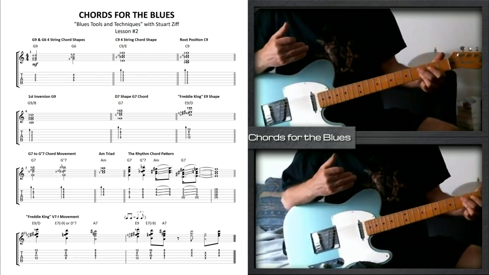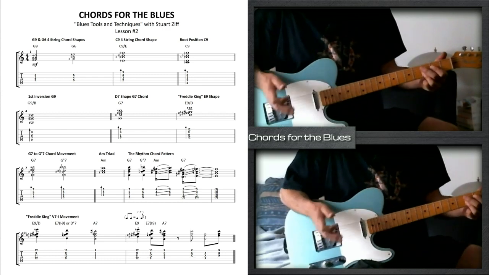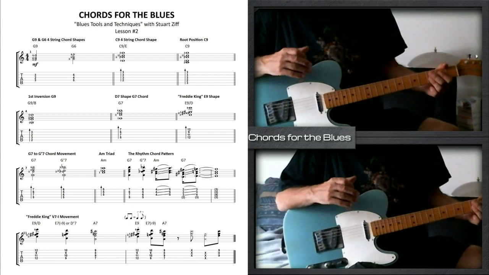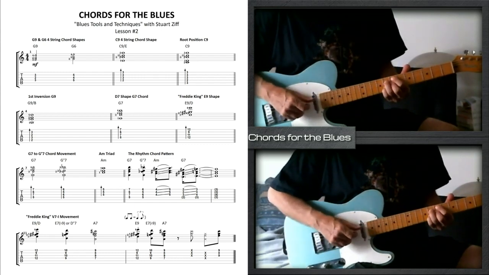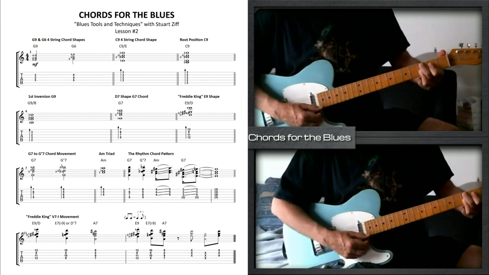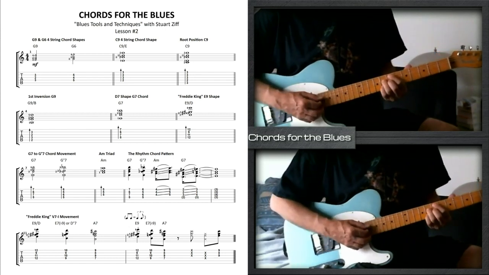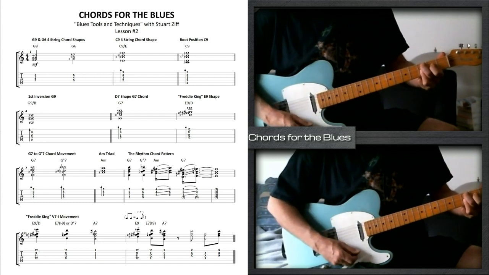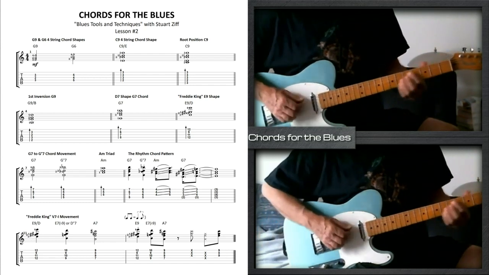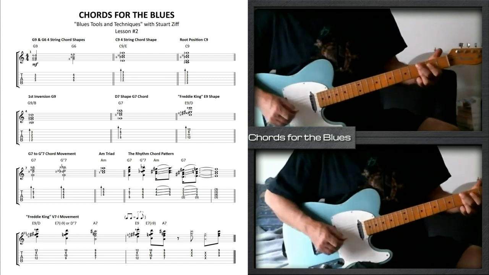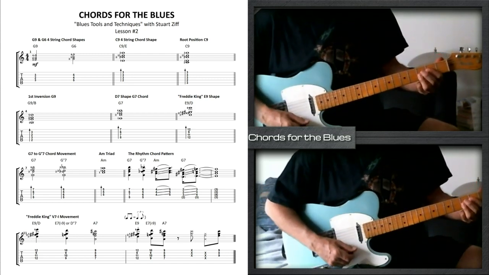E minor 7 flat 5 and C9, in terms of the blues, are essentially the same chord. No difference really, but we're still calling it C9.